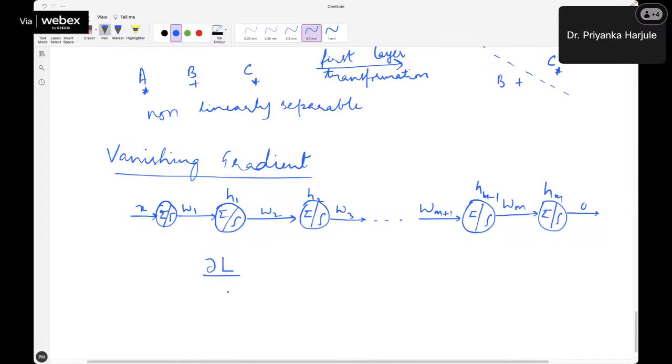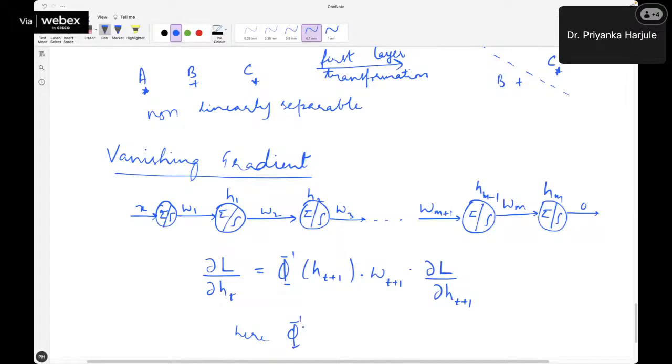If you have the loss function as L, then at every node it is going to be some phi dash of h t plus 1 times W t plus 1 times the loss with respect to t plus 1. Here phi dash is the derivative of the activation function.